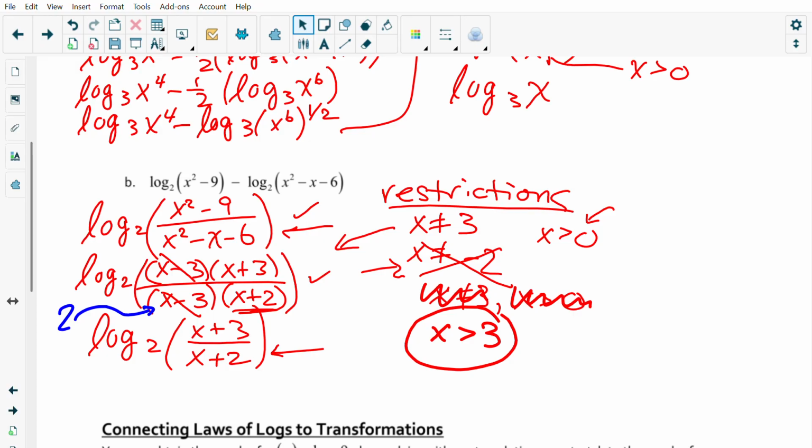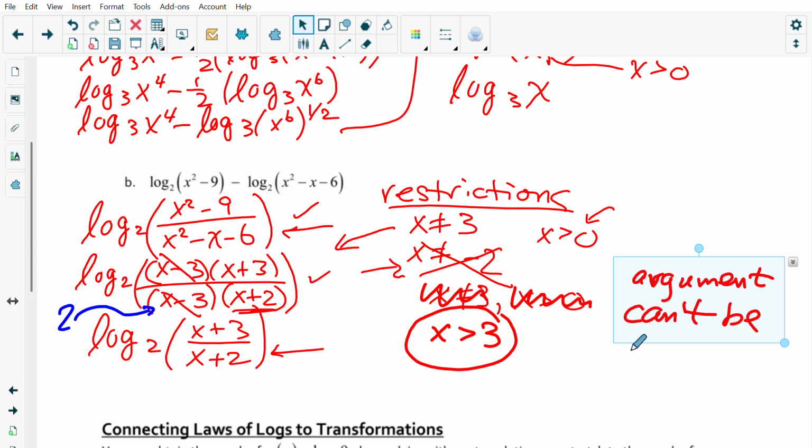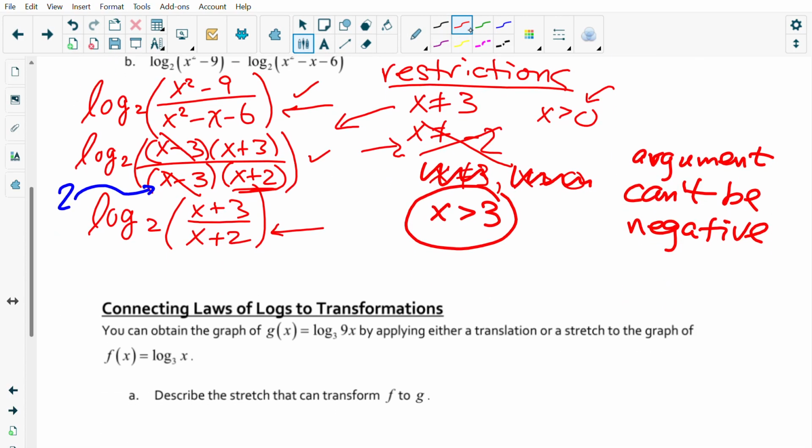So these restrictions come in layers. Now that we're talking about logarithms, you have that added complexity of the argument can't be negative, as well as the denominator can't be zero. All right, folks, almost done here.